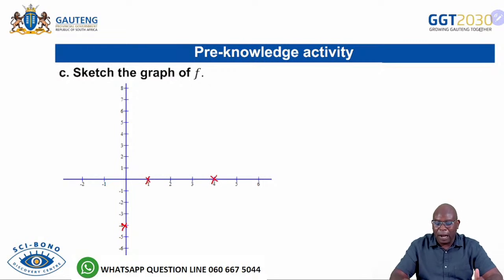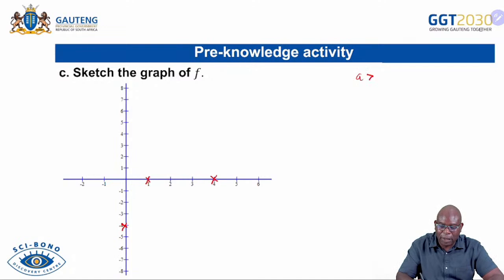Now, the biggest thing on how to draw this sketch is this. We have seen that our a value will be greater than 0. In other words, our a is positive. In a parabola graph, we talk about the smiling graph. These are some of the notes that you must put in your book.